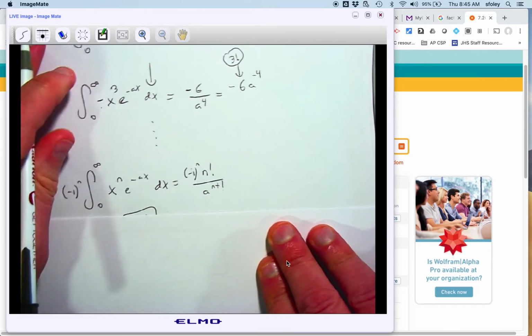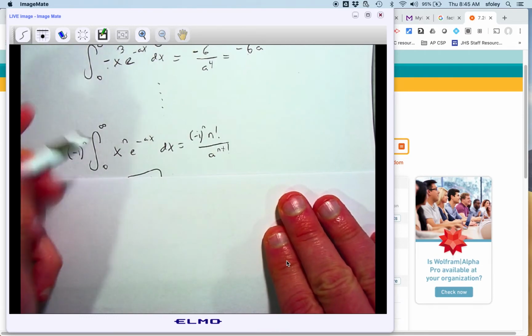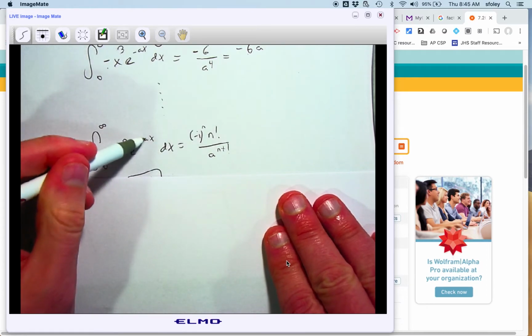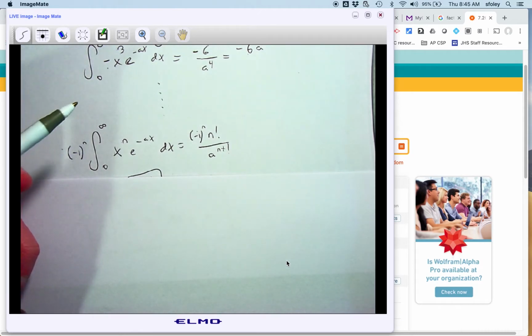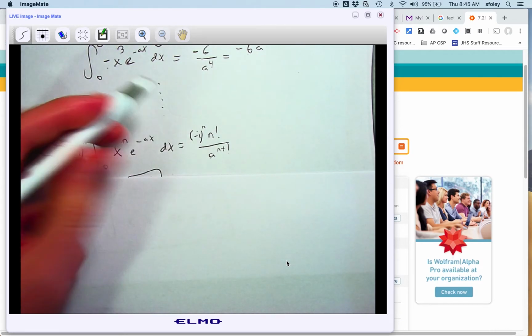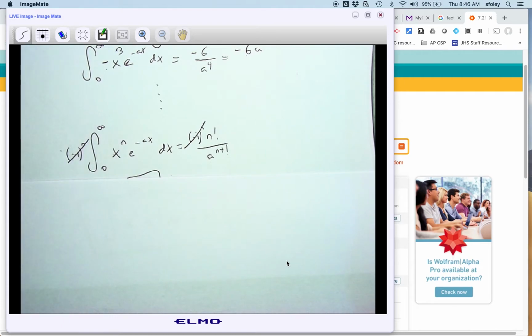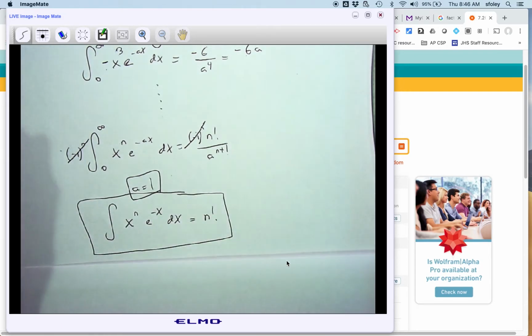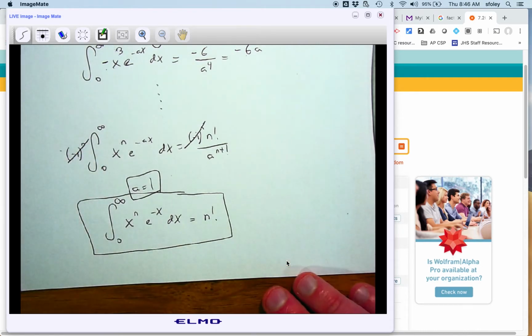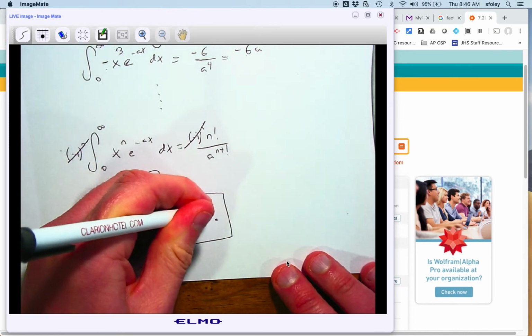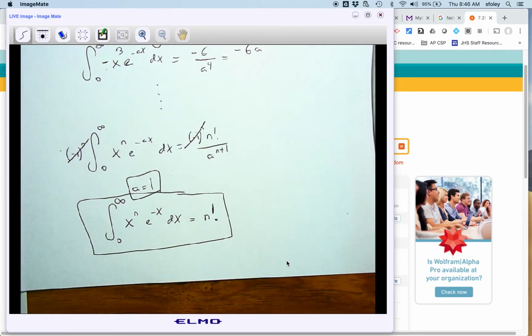And the amazing conclusion comes when we say, okay, so this is true. What if a equals 1? Well, if a equals 1, the right side, that denominator goes away. I can cancel out the negatives because it was on both sides. And I get this amazing improper integral. And notice what it's equal to. It's simply equal to n factorial.